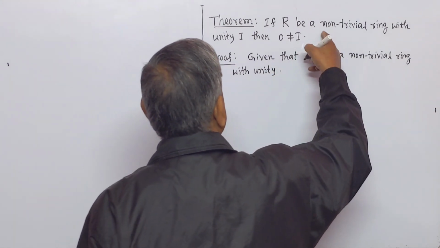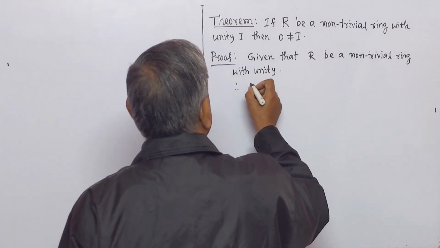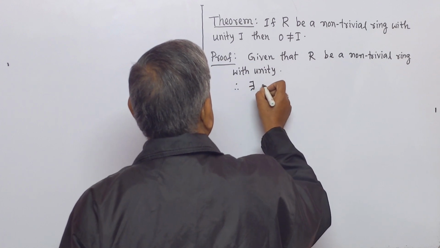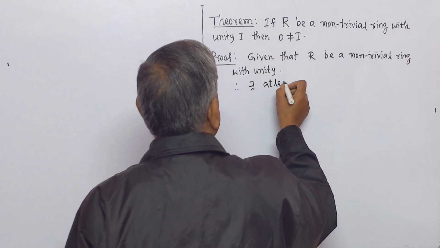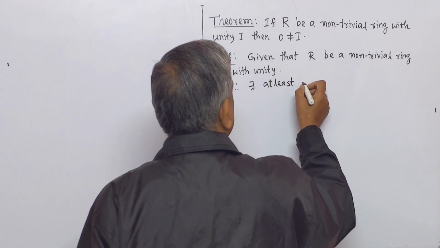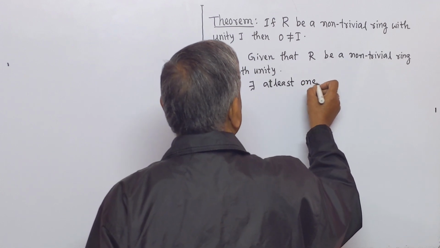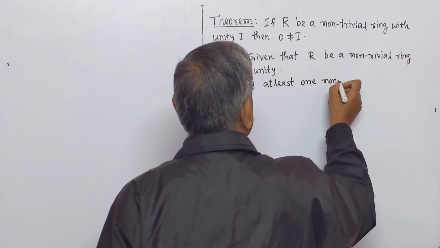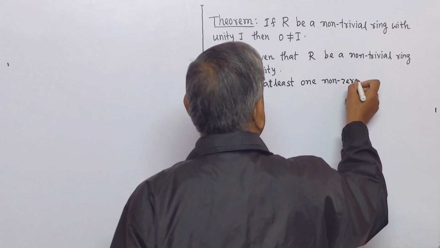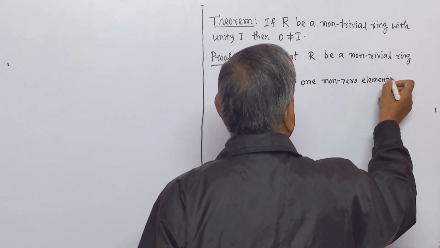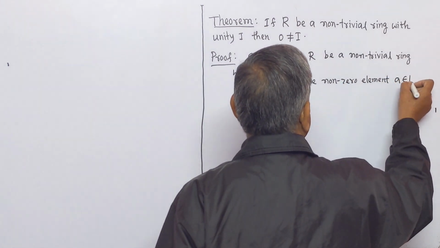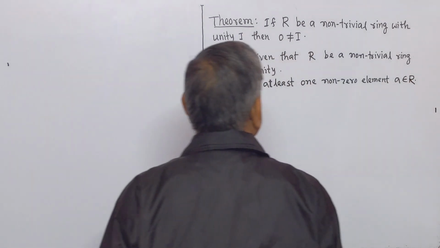Non-trivial means there exists at least one non-zero element A belongs to ring R.